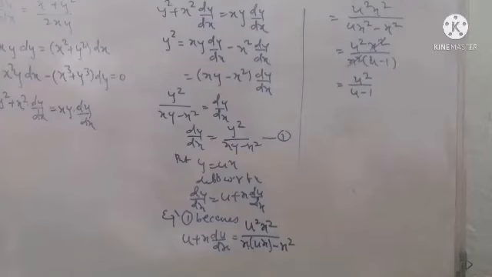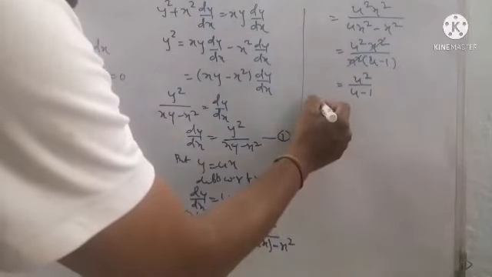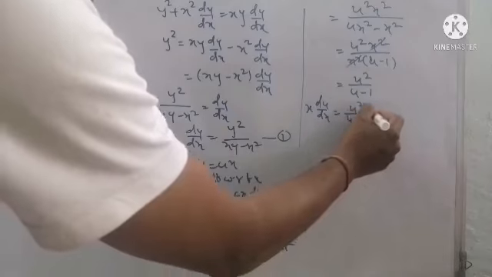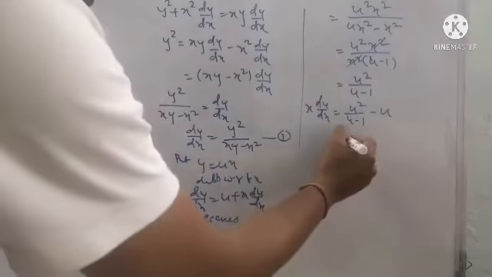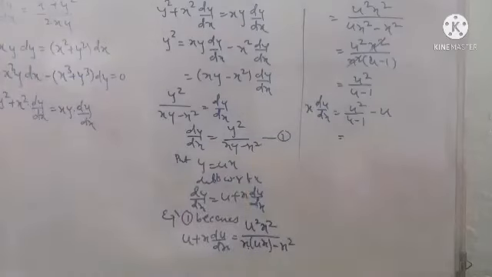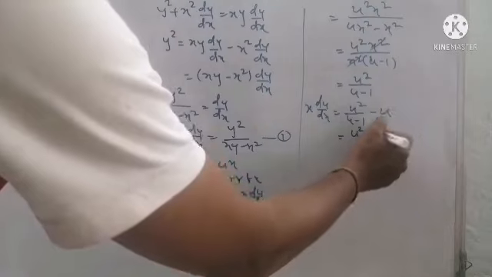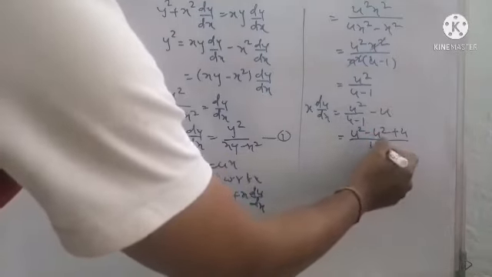To reduce this differential equation to variable separable form, we take u to the right hand side, and on the left hand side we get x into du by dx. Now on the right hand side, u square divided by u minus 1 and minus u get in subtraction. To simplify, we take cross multiplication: the first term numerator has u square, and in the second term numerator minus u into u minus u square, and minus minus plus u as common denominator u minus 1.